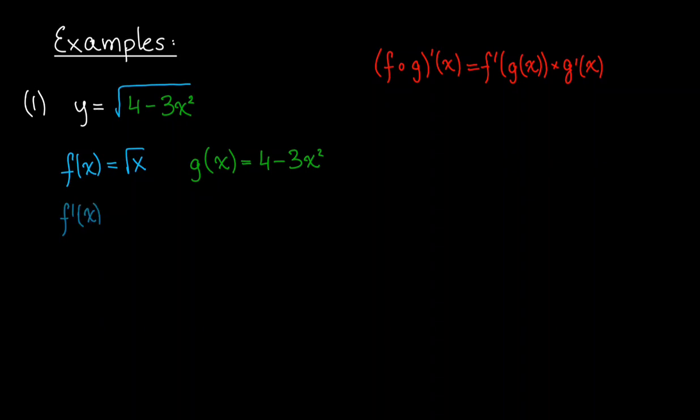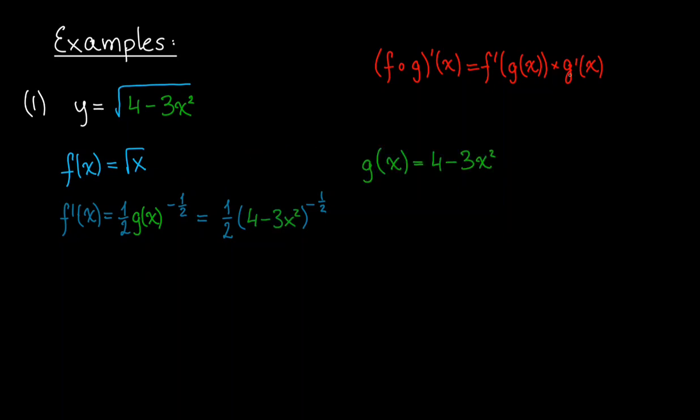In this case, square root of x derivative is just 1 over 2 x to the power of negative 1 over 2. However, here, instead of x, we will just put in g of x. And that's equal to 1 over 2 times 4 minus 3x squared to the power of negative a half. And now, once again from the definition, we need the derivative of g, the function inside.